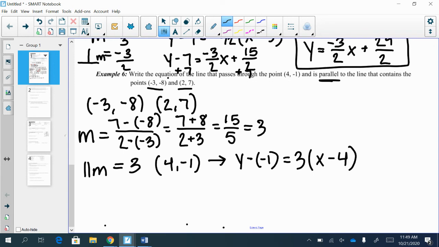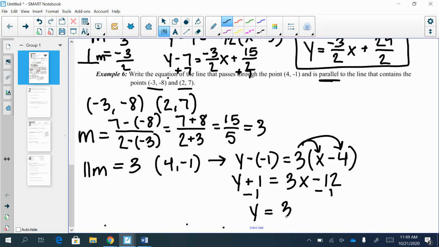Then we just have to simplify, so let's go ahead and distribute this 3 in. So y, this double negative right here, ends up being y plus 1 is equal to 3x. 3 times negative 4 is minus 12. Subtract 1. Y is equal to 3x minus 13.